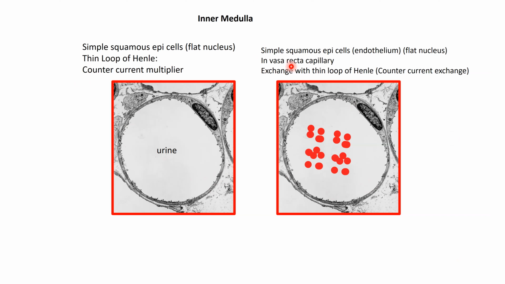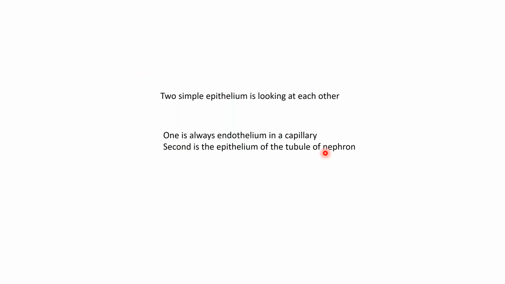Now, I chose for you the vasa recta capillary because this is where they're going to face each other, and this is where this simple squamous epithelial cell that we call endothelium. Remember, we don't call it endothelium in the urinary system, only in the cardiovascular system. These 2 are going to exchange with each other, what we call countercurrent exchange. Why is it countercurrent? Because the flow is the opposite.